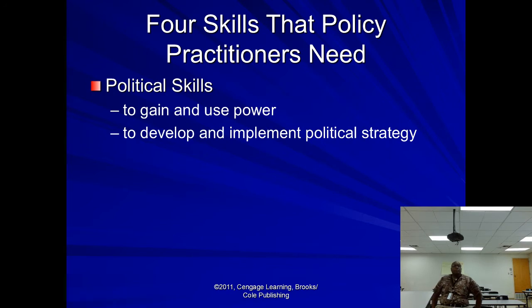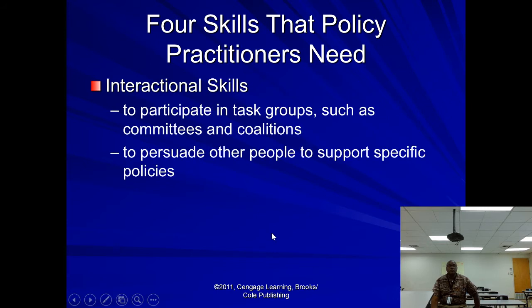The next skill is political skills, to gain and use power, to implement and to develop political strategy. They need also interactional skills to participate in task groups such as committees, coalitions, and to persuade other people to support specific policies.